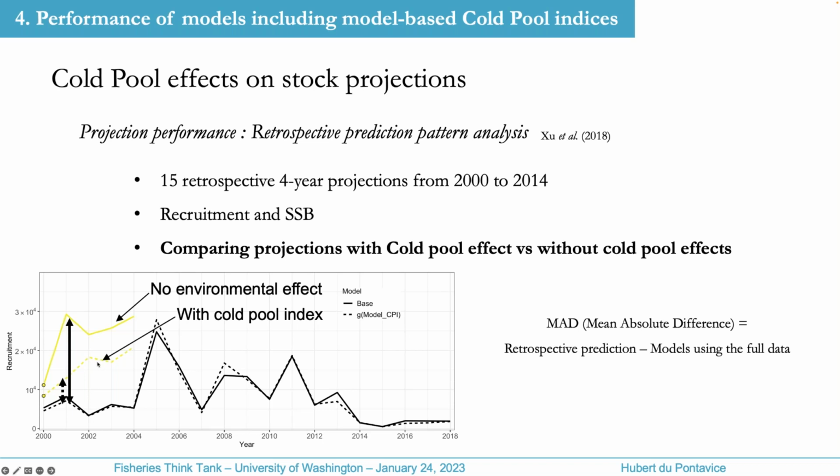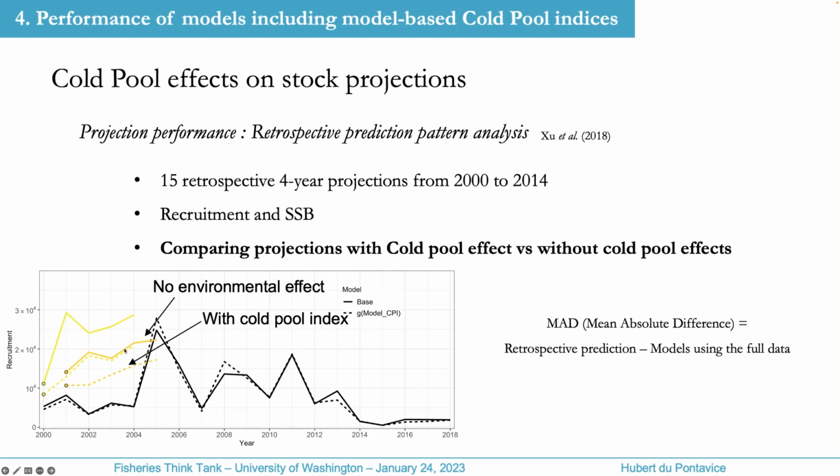And we measured this difference for the models that included cold pool indices, represented in dashed line here, and the model without any cold pool effect, which is the solid line on this figure. And this difference is the mean absolute difference.